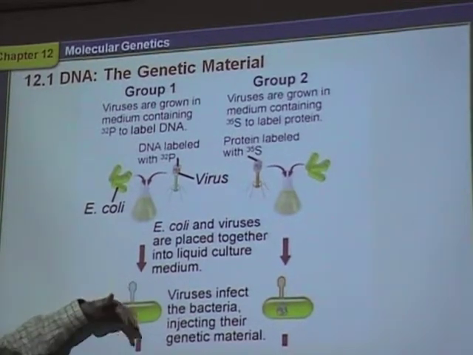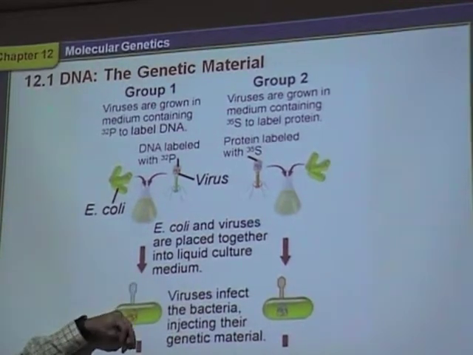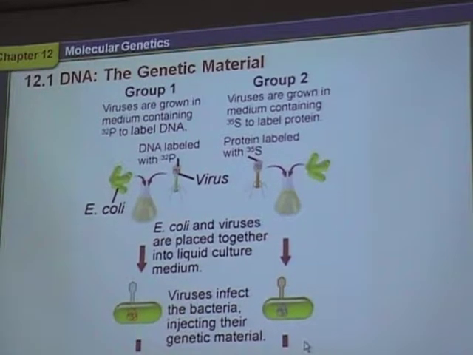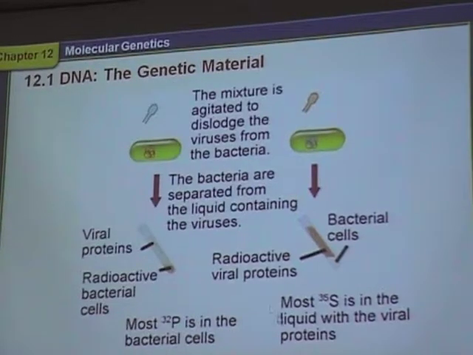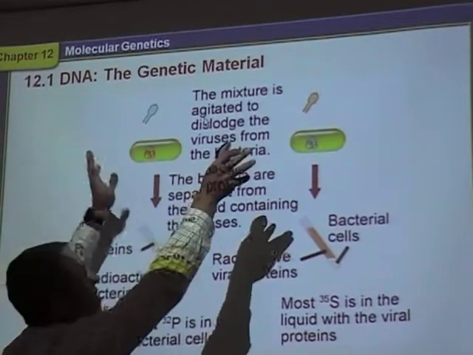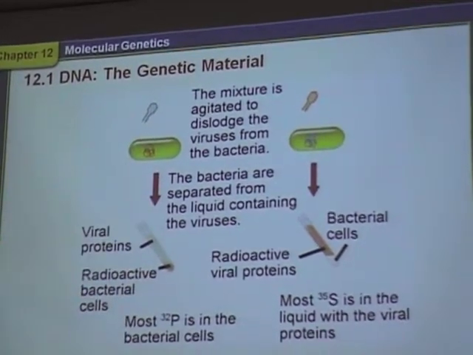And the viruses injected their DNA. We found out because of this experiment, the viruses inject their DNA, not their proteins. And they shook up the mixture in a blender to get the viruses off of the bacteria.